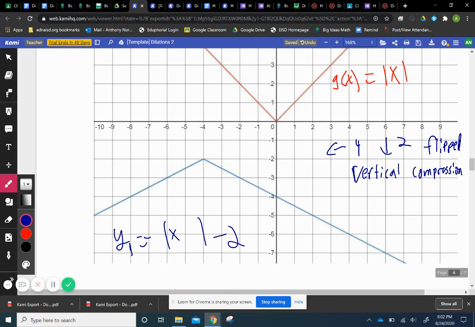So if it goes to the left, we put a plus. And it went to the left how many units? Four. So now we just have to look at our compression. So we're going to go over 1. How much do we go? Well, that's a half. So you have 1 half in front. Easy peasy lemon squeezy. The rest will be left up to you to finish as an exercise.